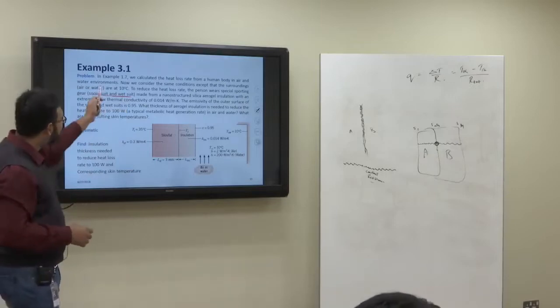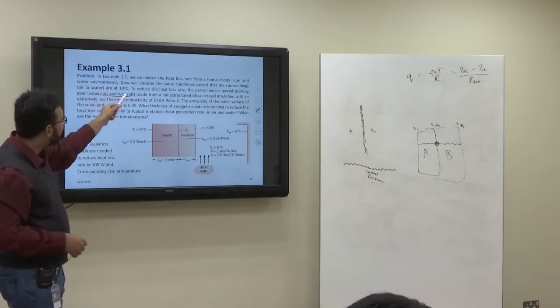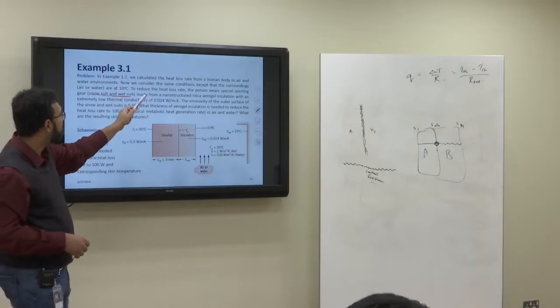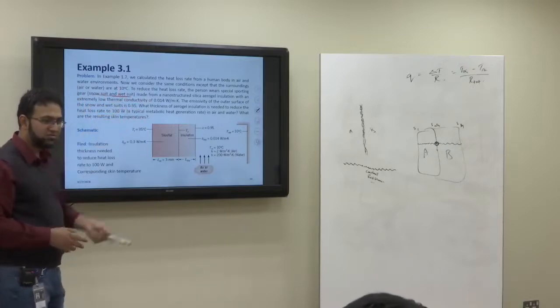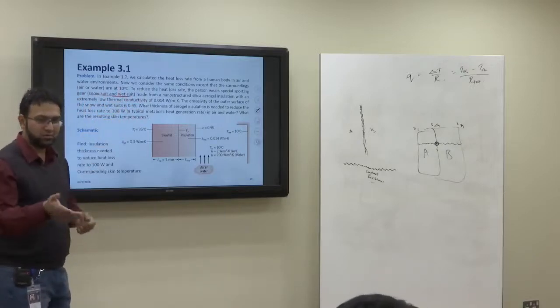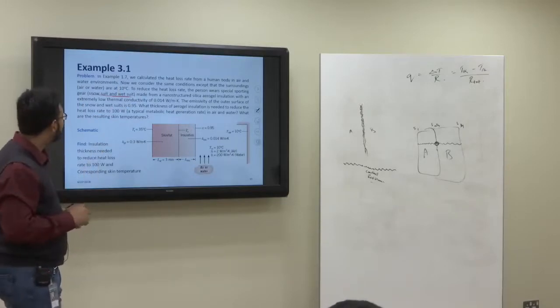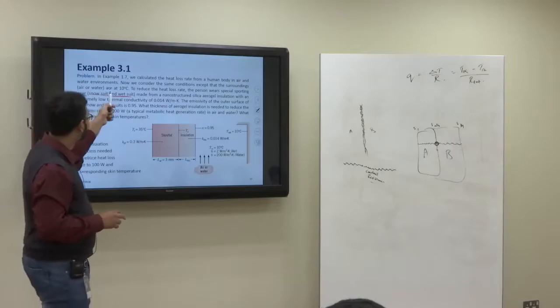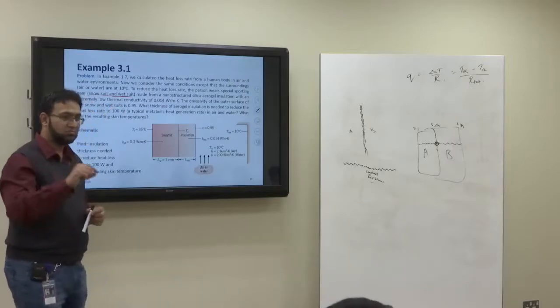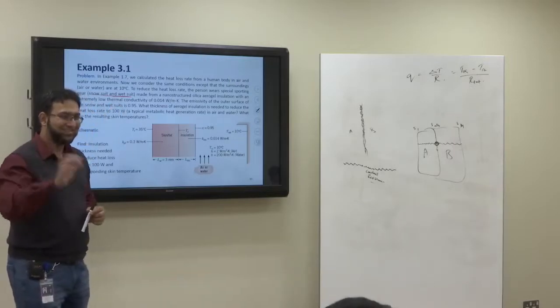In example 1.7, we calculated the heat loss rate from a human body in air and water environments. This is what we did, heat loss from the body. Now we consider the same conditions, except that the surrounding air or water is at 10 degrees centigrade.